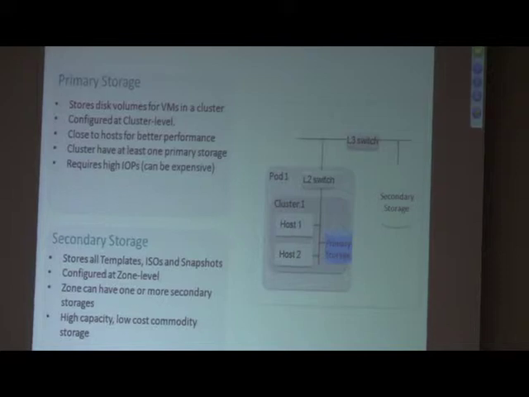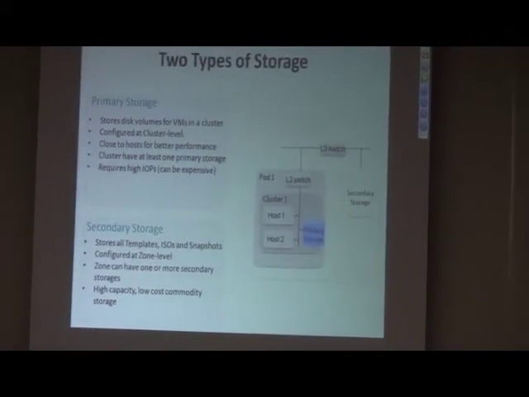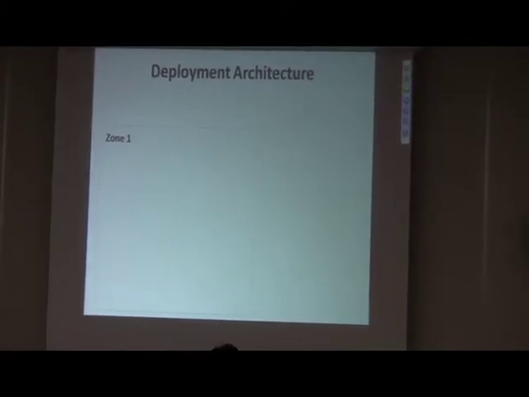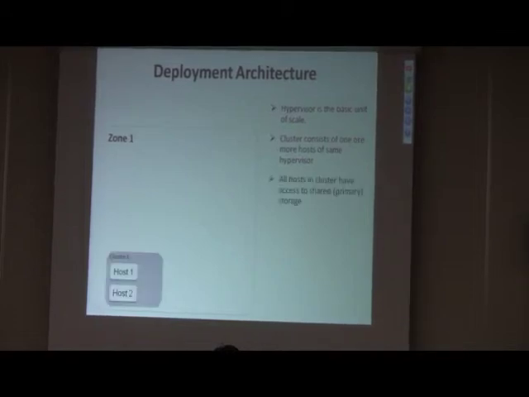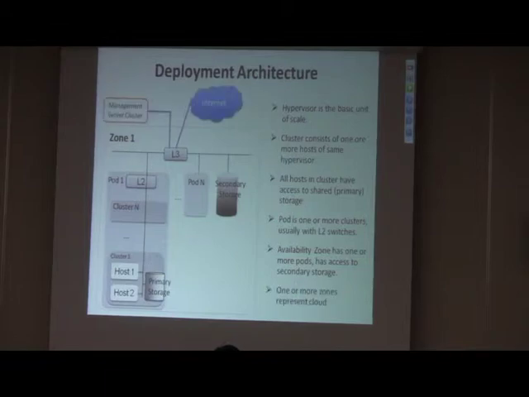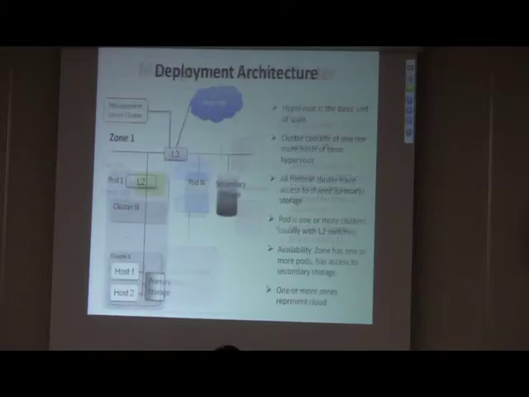I'm going to skip over this slide because it's the same as the one about storage support. So when you deploy CloudStack, take one particular zone for example. You start with hypervisors and form a cluster, and then you attach primary storage to them via layer 2 networking.